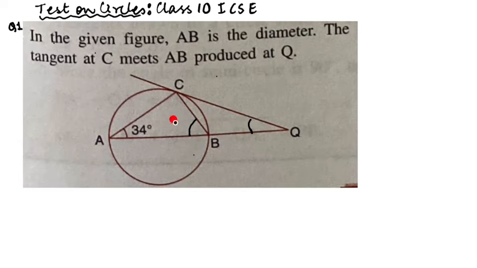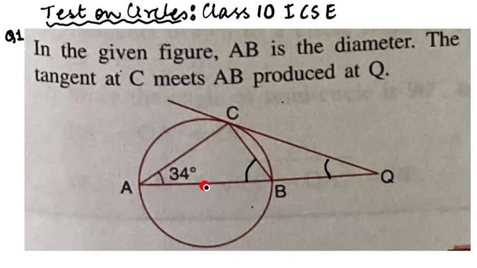Okay, so in order to solve this, we are going to look at the fact that AB is the diameter. So this angle will be 90 degrees, and then in this triangle, this angle will be 90 minus 34, which will be 56 degrees.